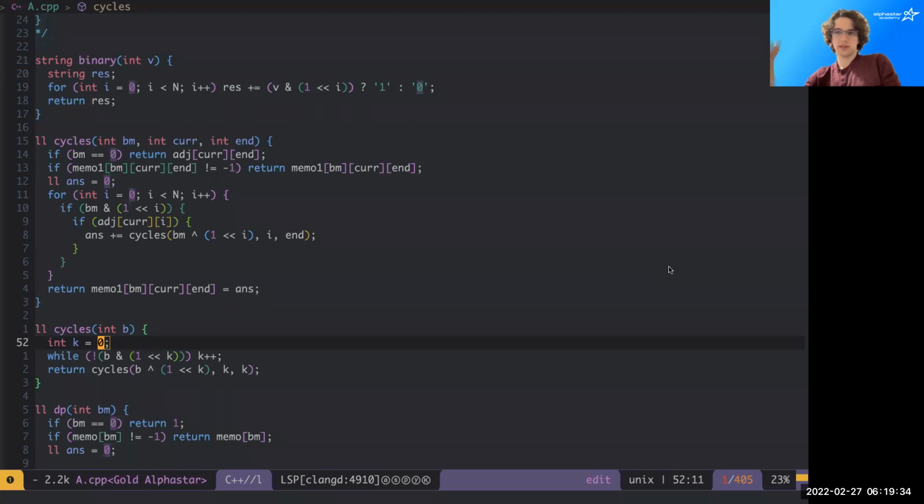The chance on a lot of large tests is it's not a single strong component. Otherwise, there's probably a lot of cycles. And then these are where we can compute cycles faster.